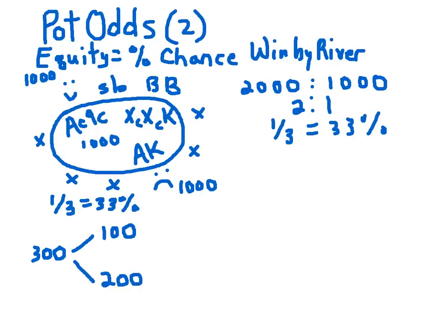What does our profit and loss look like when we make our flush and when we don't? Well, when we make it, we called an additional 1,000 to win a pot of 3,000 for a net profit of 2,000. And when we don't hit our flush, we lose that 1,000 chip call.